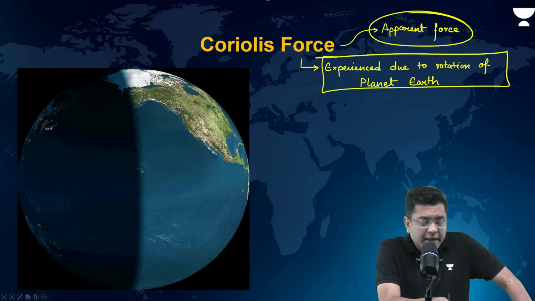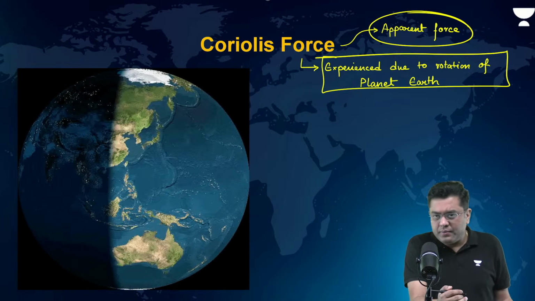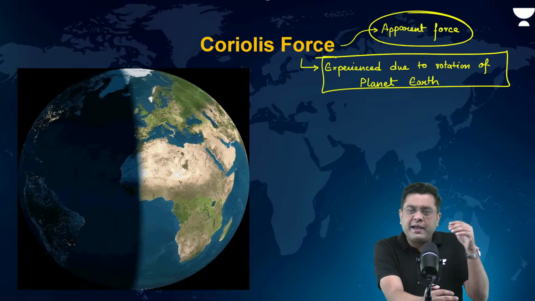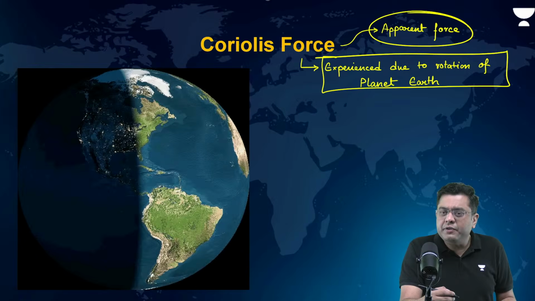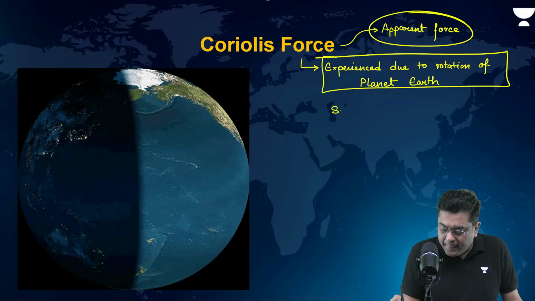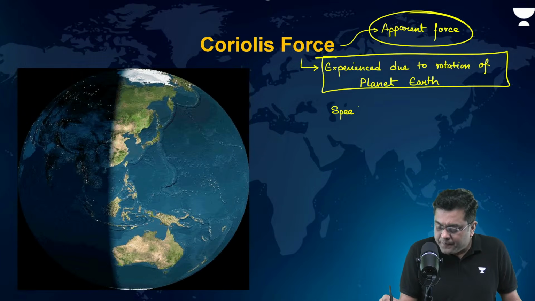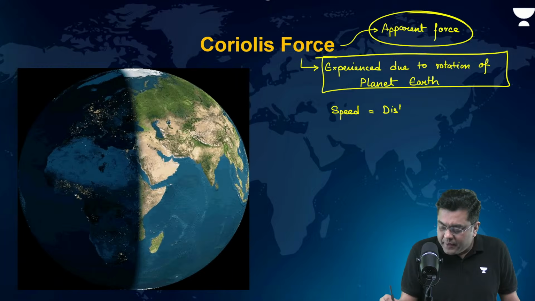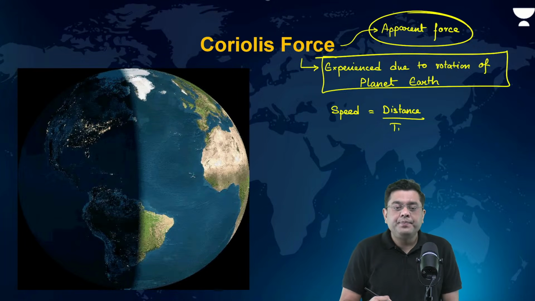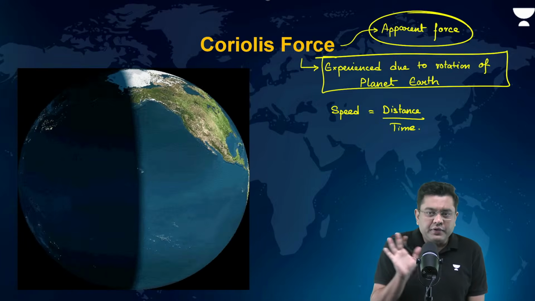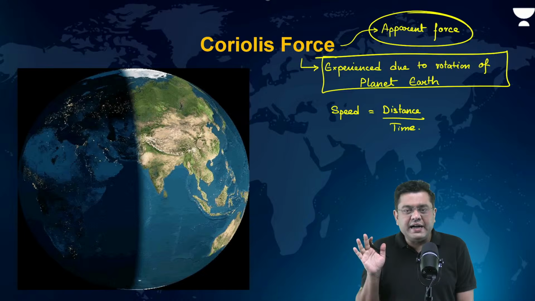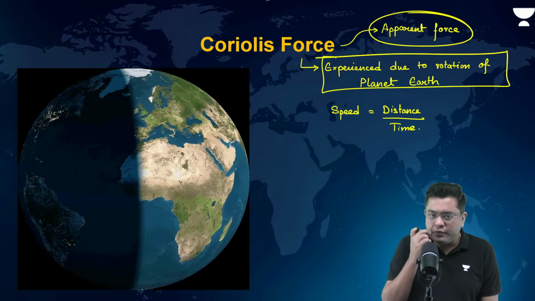Whether or not you come from a science background, basic maths is something we all would have studied. We would have studied that speed is equal to distance by time, right? That is what we refer to as speed, isn't it? This is something that everybody knows. Now, with this concept, let us understand the entirety of Coriolis force.